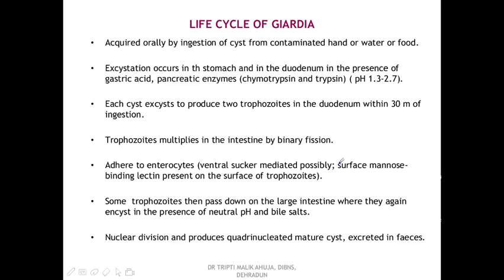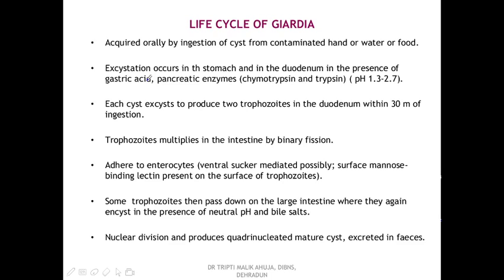The life cycle of Giardia. The organism is acquired orally by ingestion of the cyst. An active case of giardiasis passes the cyst in the stools, which get into the soil or water, from where the cysts are picked up by a healthy person.